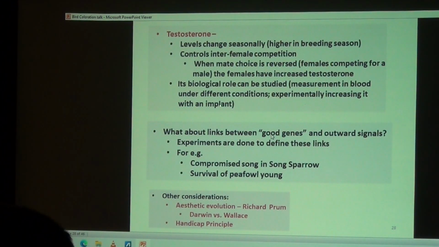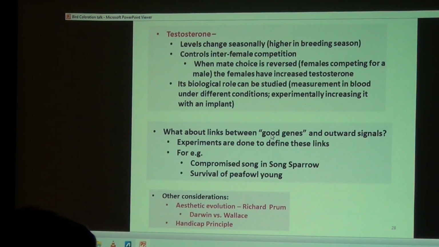You can actually implant testosterone and see what it does. And I think it was a fairy wren that was a female that was implanted with testosterone, and it acquired some of the colors that the male would have, and also became more territorial.